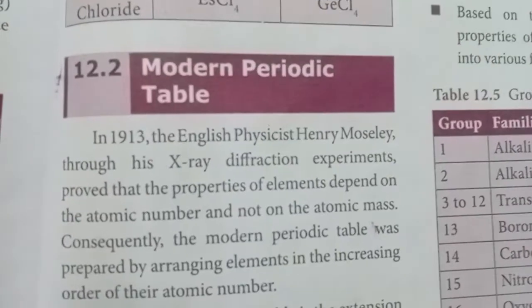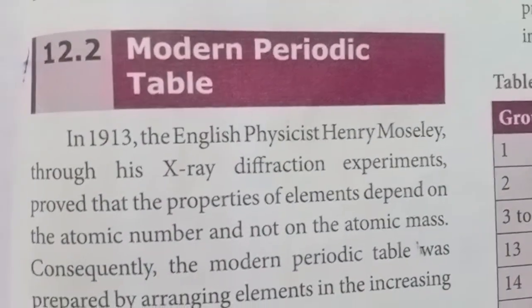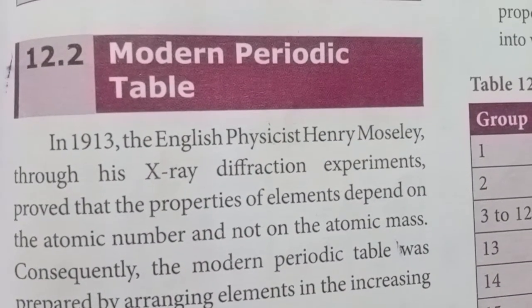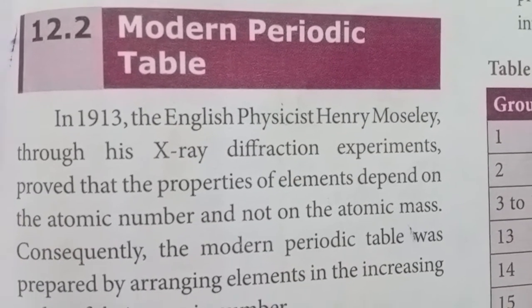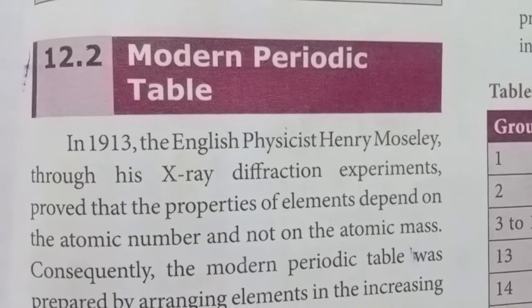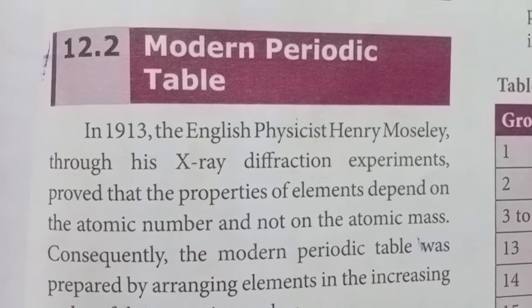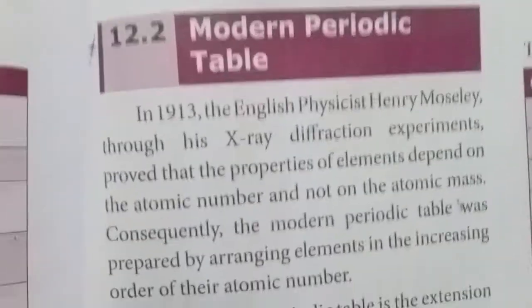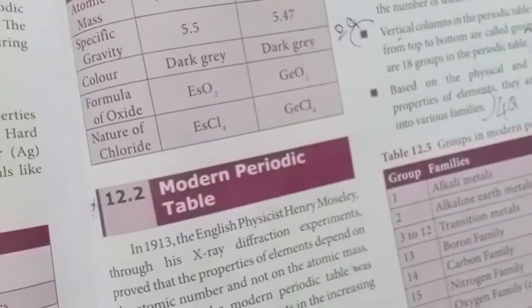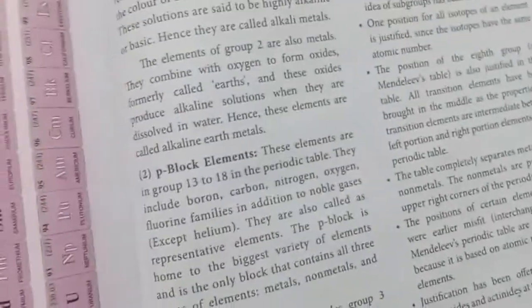So nowadays the scientific world follows the modern periodic table, which was presented by the English physicist Henry Moseley in 1913. Through his X-ray diffraction experiments, he proved that the properties of elements depend on the atomic number and not on the atomic masses. So these things are dealt with in the classification.